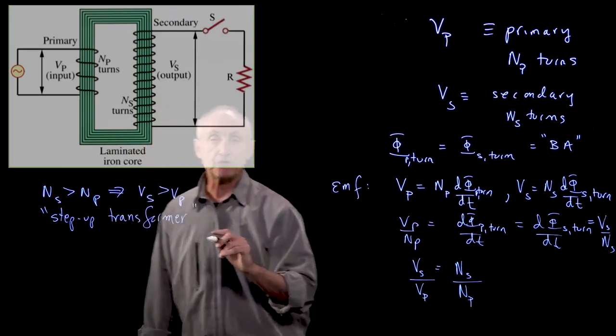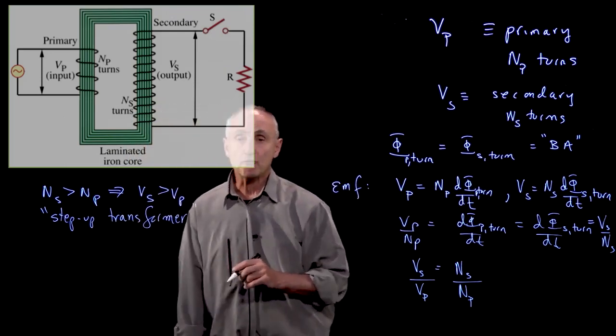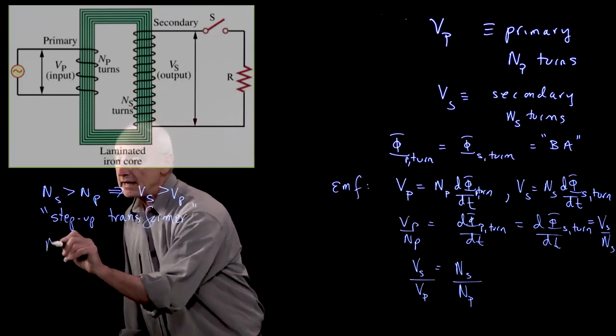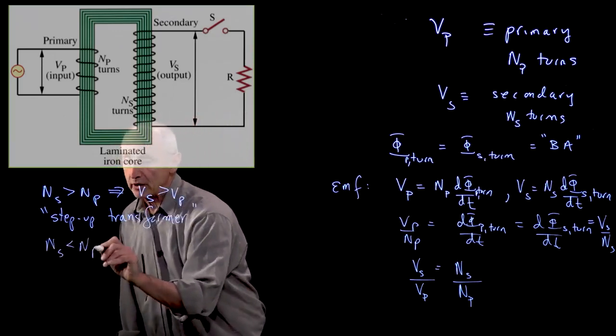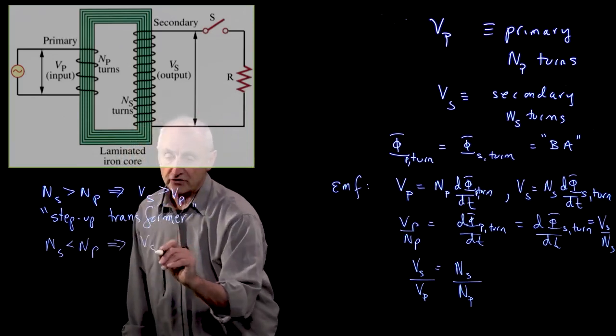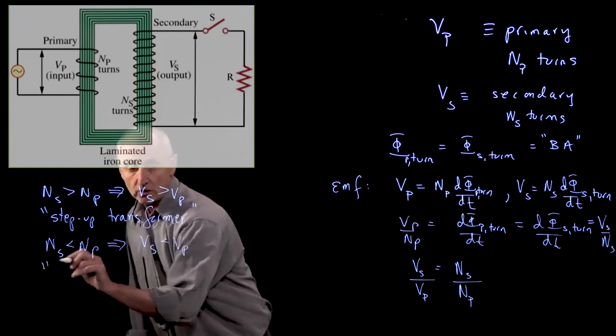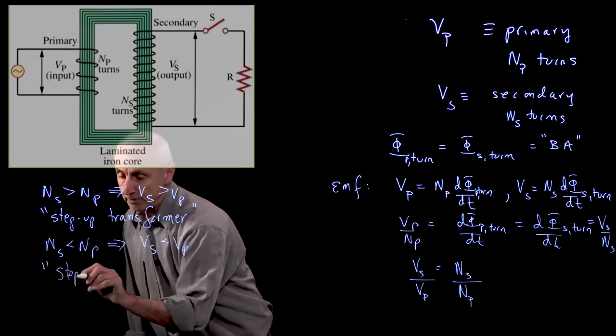Now you'll see a beautiful demonstration of a step-up transformer in our demo videos. And when NS is less than NP, that tells us that the secondary voltage is less than the primary voltage, and that's what we call a step-down transformer.